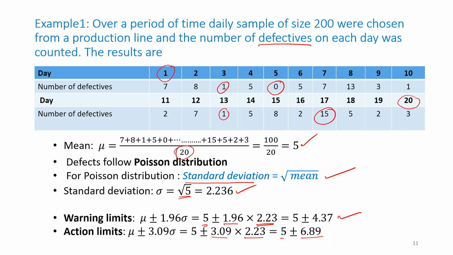But the lesser the faults, the better it is. So for lower values, in this case, we are not so keen to know the warning limit or action limit for the lower side. For defects, the lower the value, the better it always is. So here we are more interested in the warning limit and action limit on the positive side.